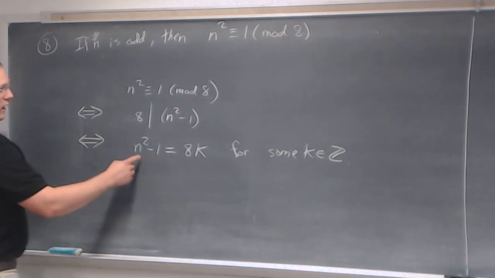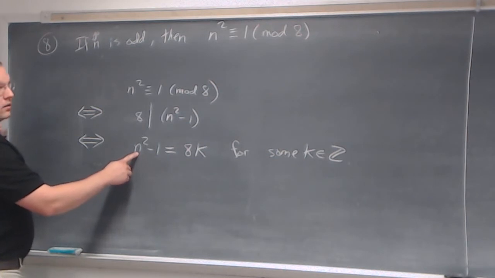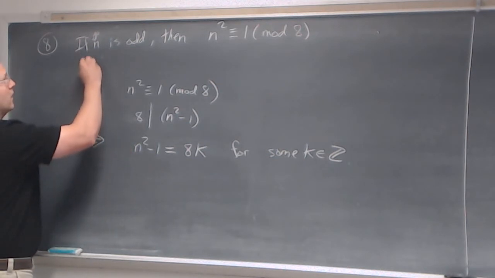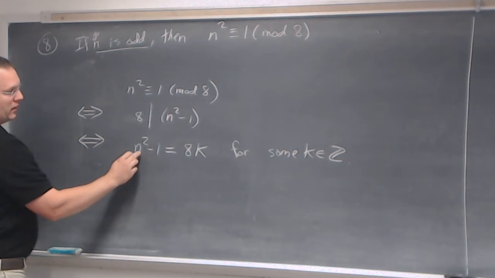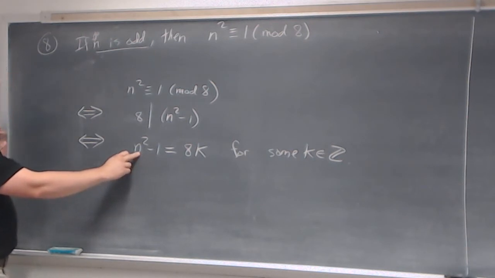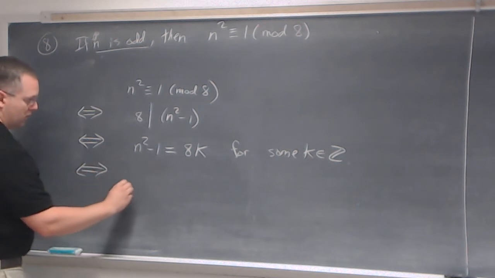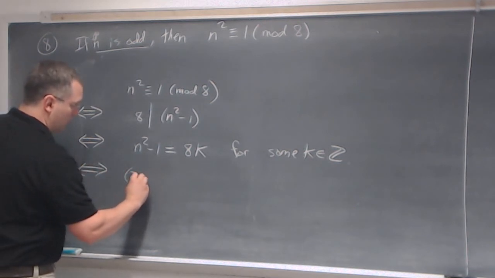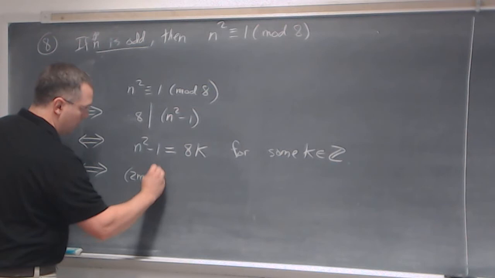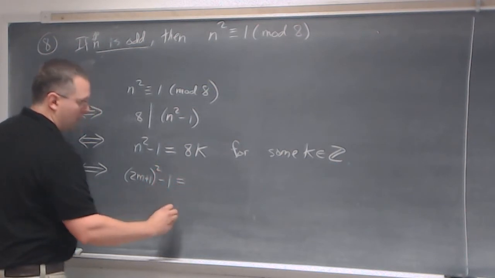And then we know that n is odd, right? So then a lot of people wrote, replace this with 2 times an integer plus 1. So let's say 2m plus 1 squared minus 1.